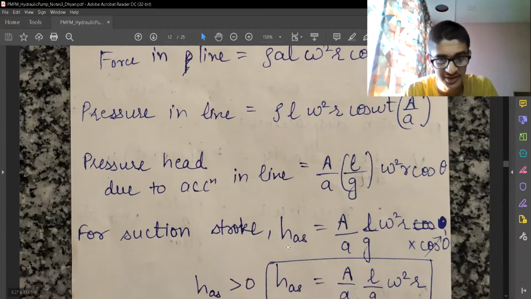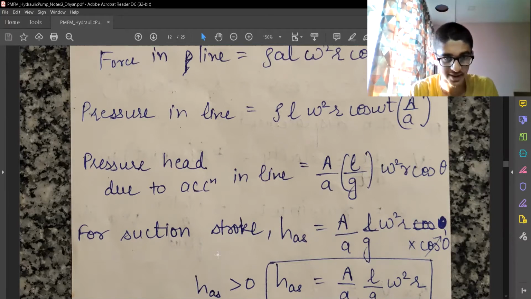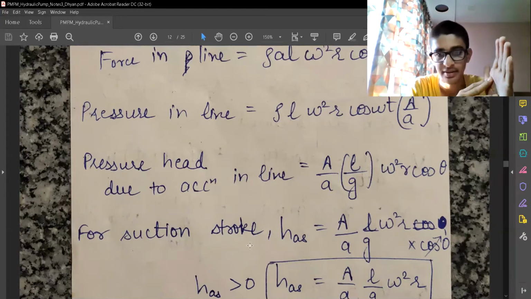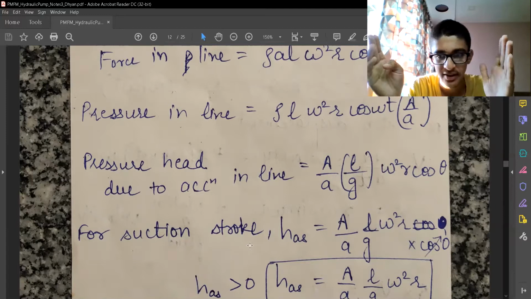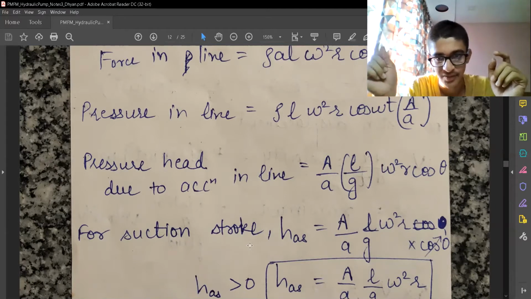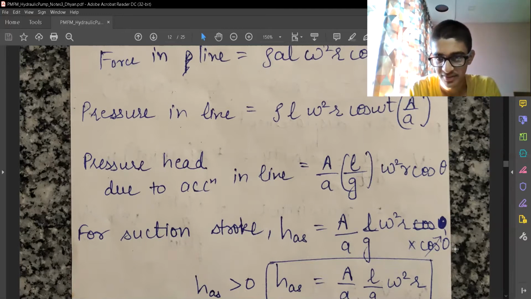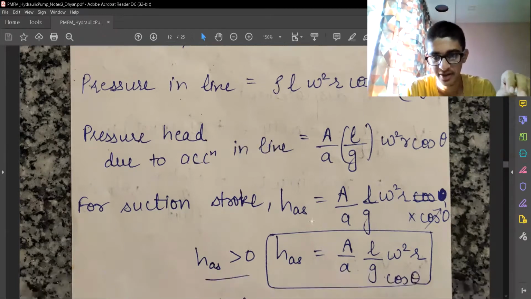Similarly for the suction stroke, there can be many different positions at which we can find the pressure head due to acceleration. That will change with theta. When the piston is at IDC or ODC, the angle theta is 0 or 180 degrees, and hence cos of that angle will be 1 or minus 1.